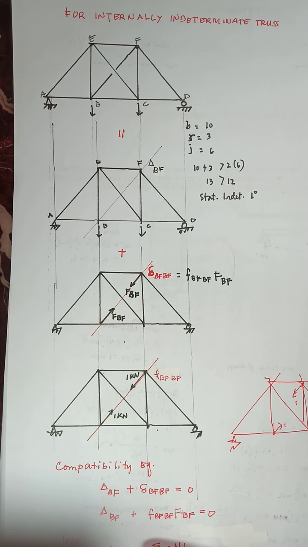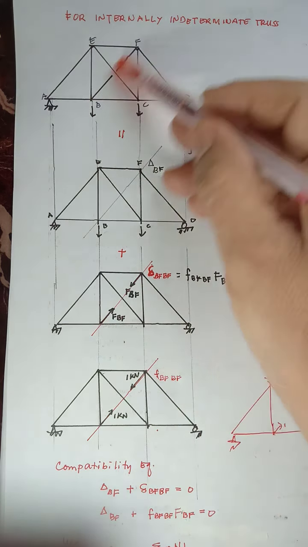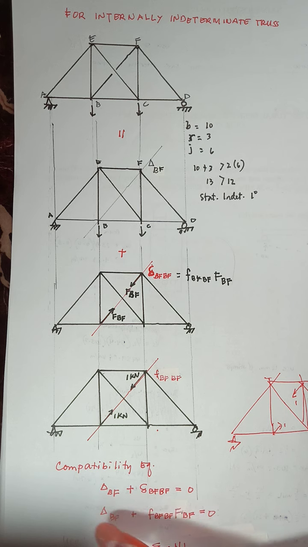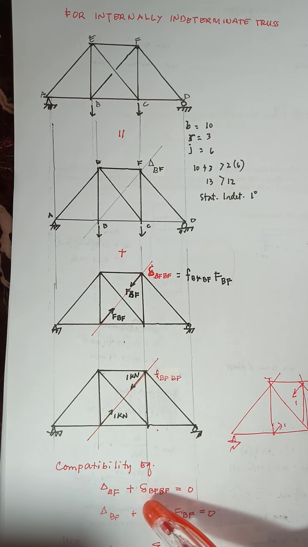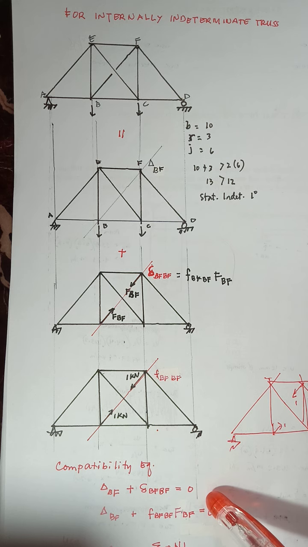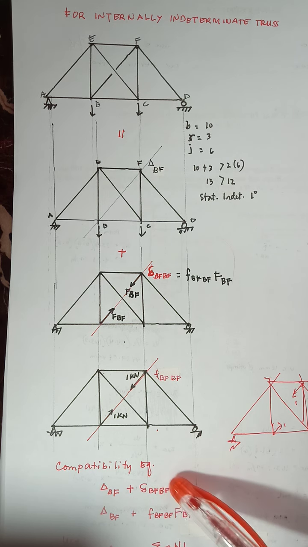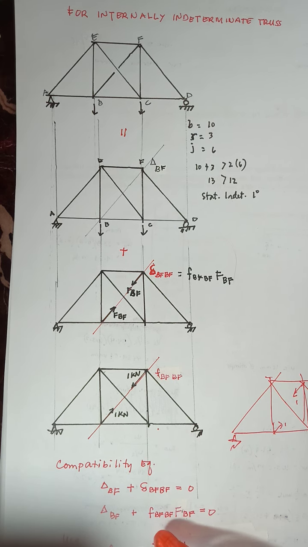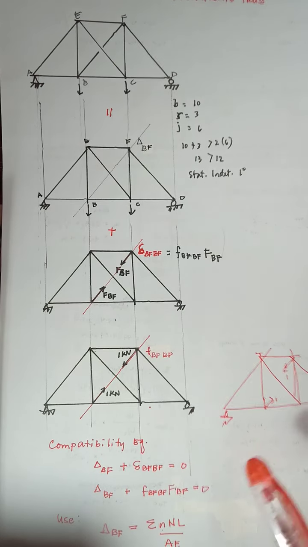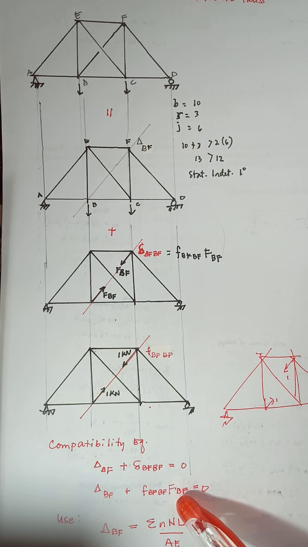That should equal 0, since there is no displacement because it is a bracing. So delta BF plus the lowercase delta BF BF should equal 0, and this one is equal to the product of the flexibility coefficient times the bar force BF.